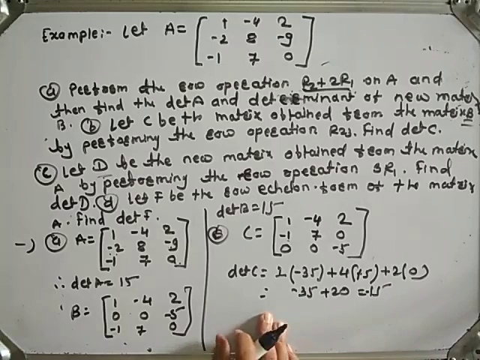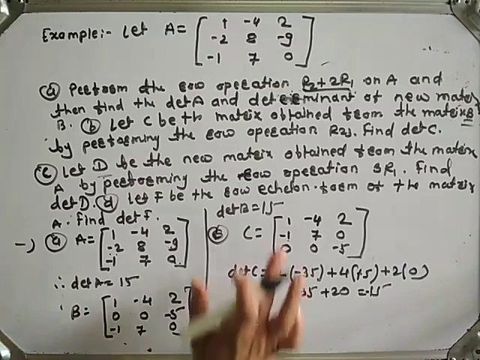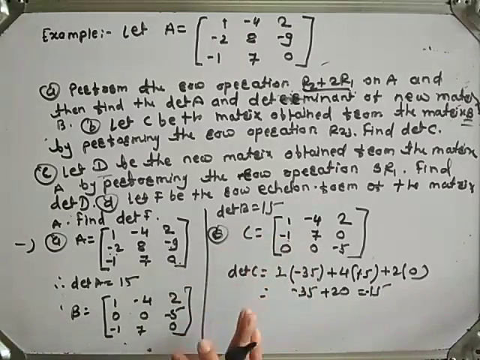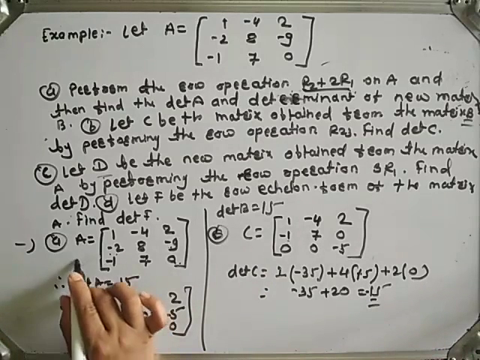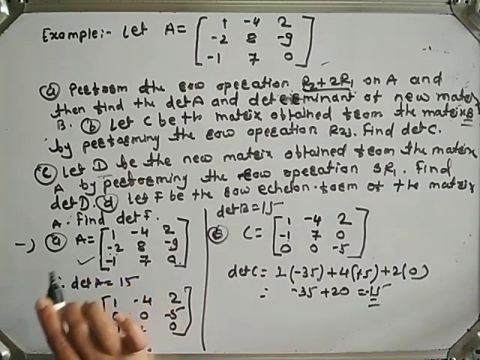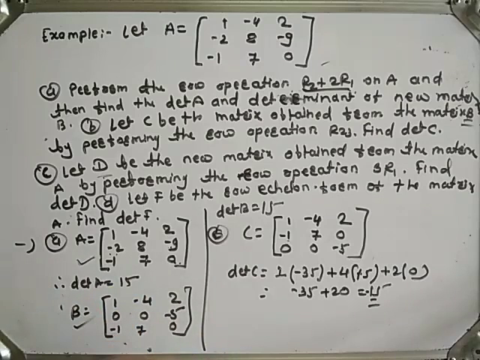So here, if two rows of any matrix are interchanged, then the determinant of the new matrix is equal to minus the determinant of the original matrix. See here, this is your actual matrix, and that matrix determinant is 50.